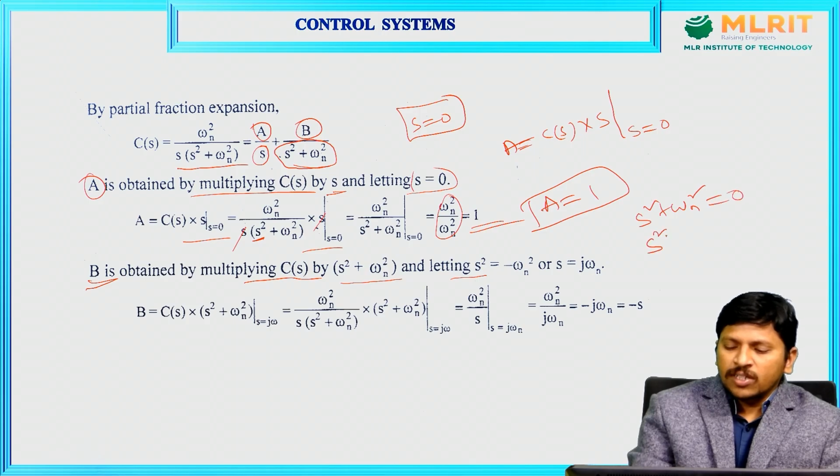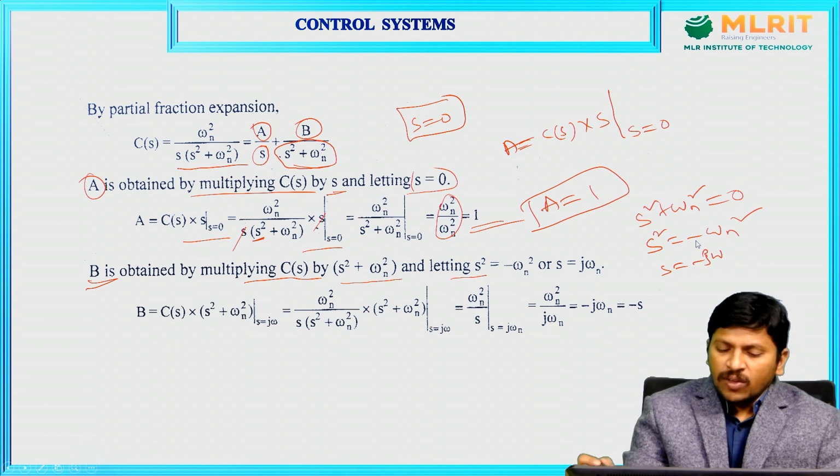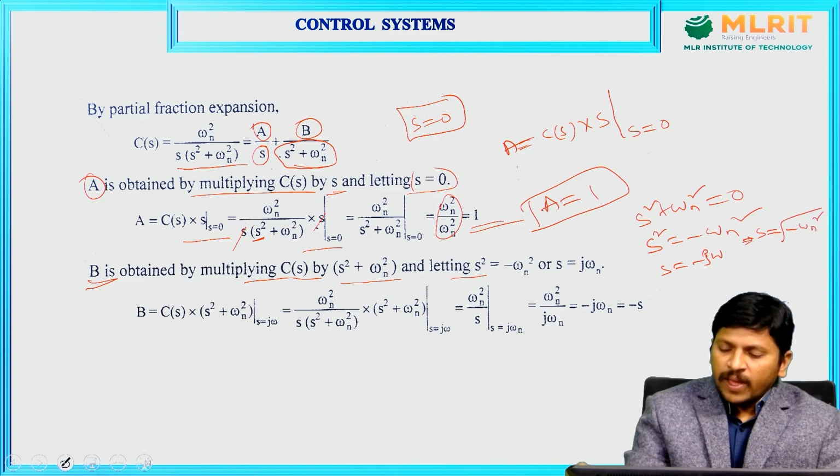That is nothing but S square equals to minus omega n square. Square and root both cancel.